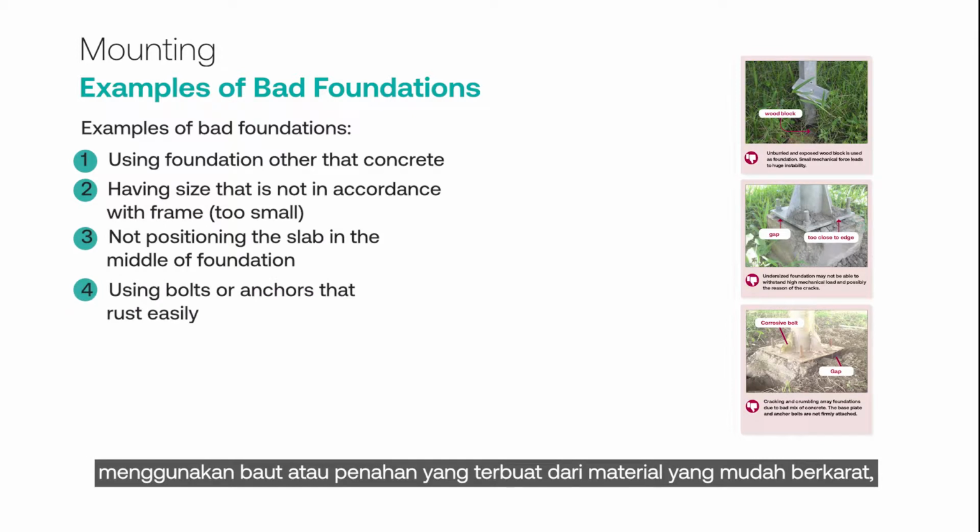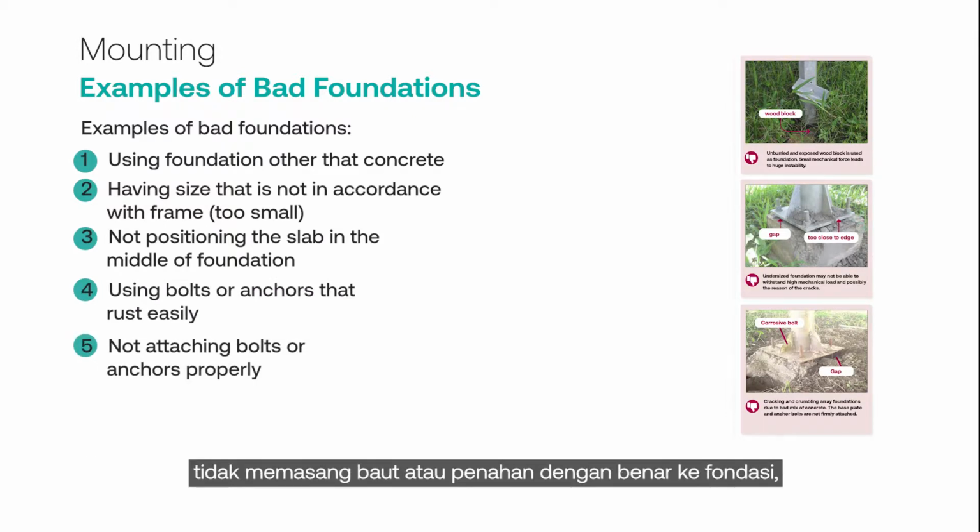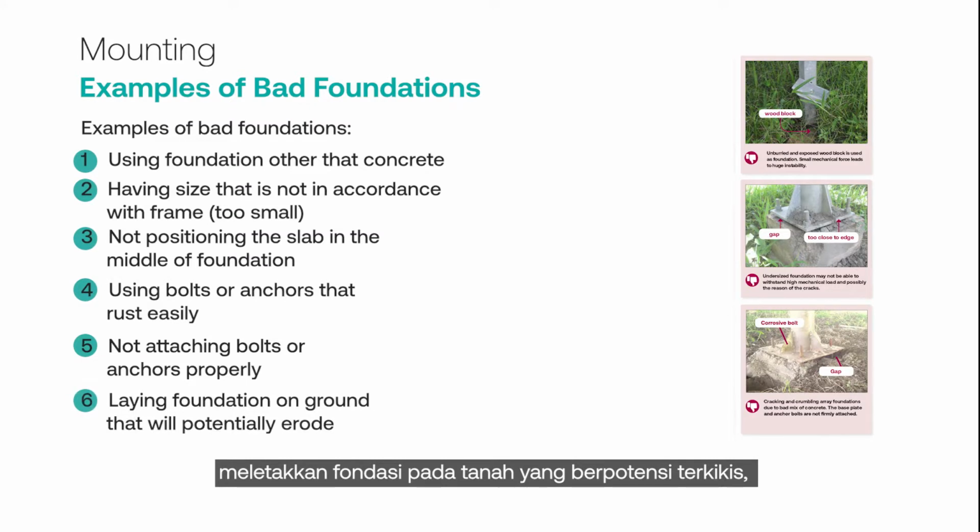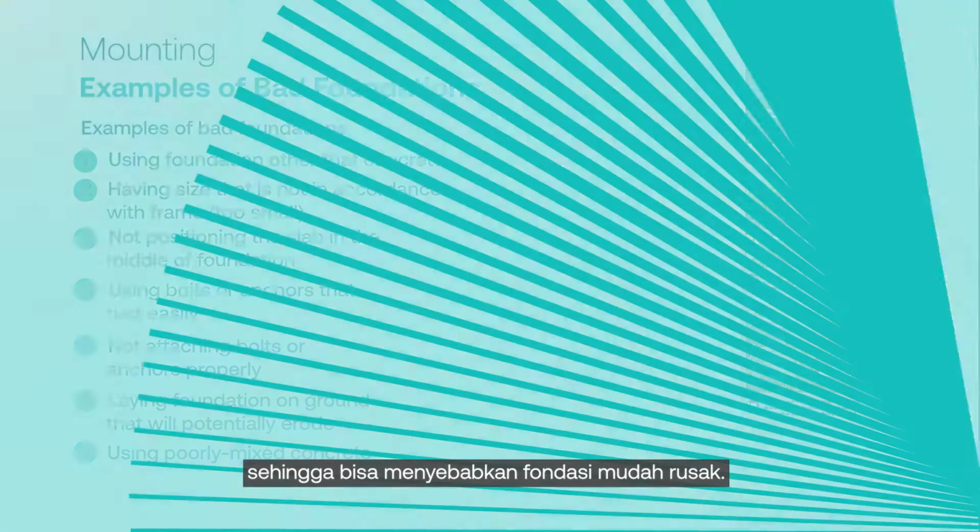Using bolts or anchors made of material that rust easily. Not attaching bolts or anchors properly to the foundation. Laying the foundation on ground that will potentially erode. And using poorly mixed concrete that will result in breakable foundation.